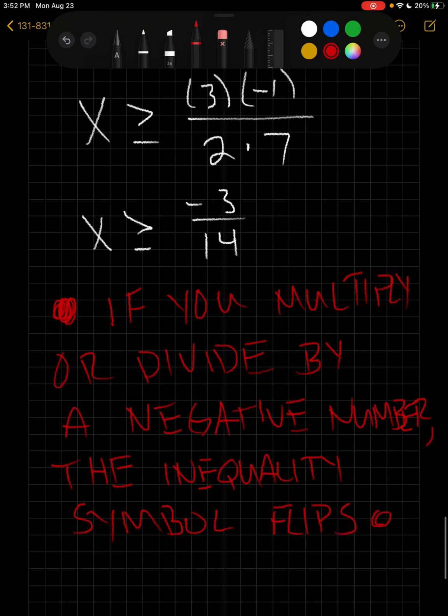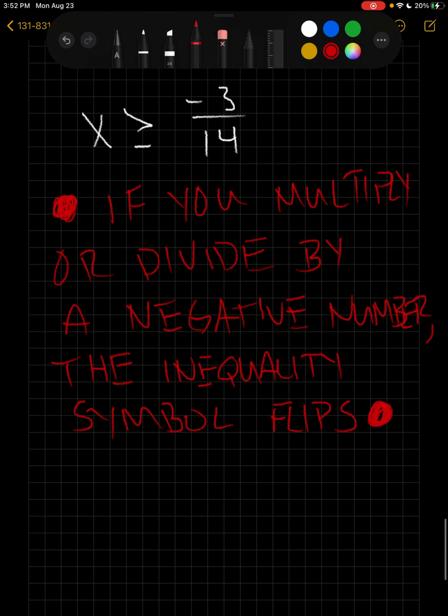I'm going to go ahead and tell you this is the number one mistake students make in this type of problem. This is usually what comes up. So that's something we have to look out for.